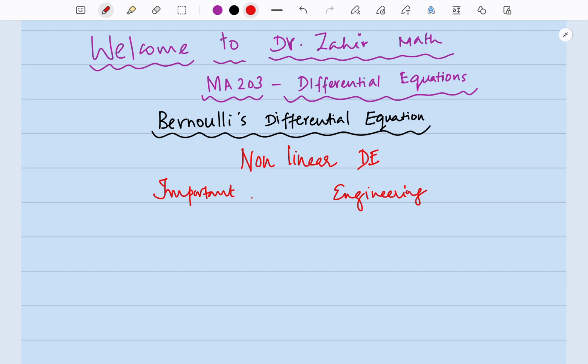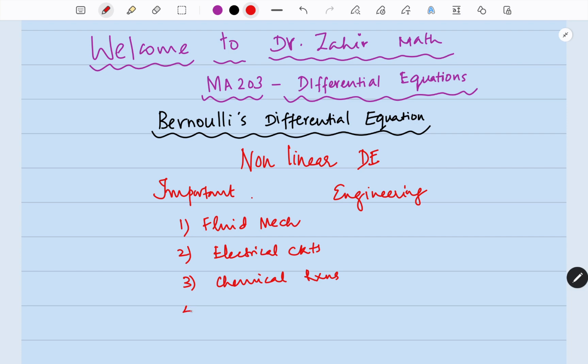Some key applications include: first, fluid mechanics; second, electrical circuits; third, chemical reactions for chemical engineering; and fourth, population dynamics.